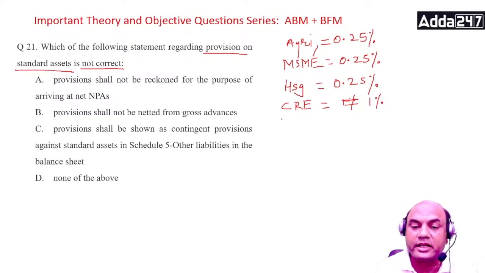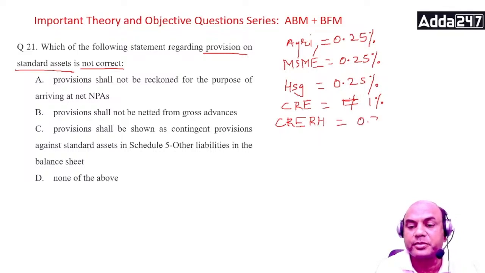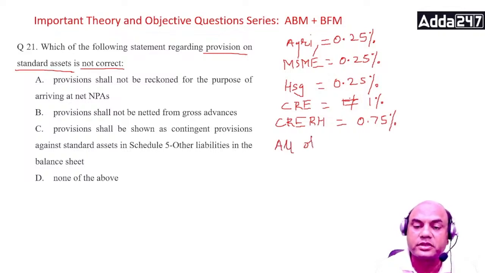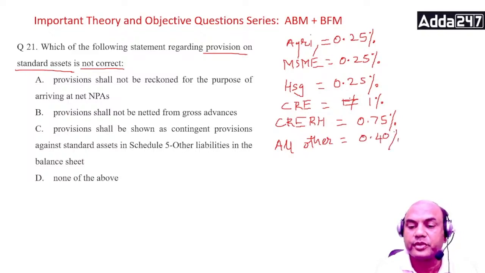And CRE RH, commercial real estate under residential housing, that is 0.75%. And for all other loans, the provision is 0.4%, 40. Okay. So these are the provisions given.